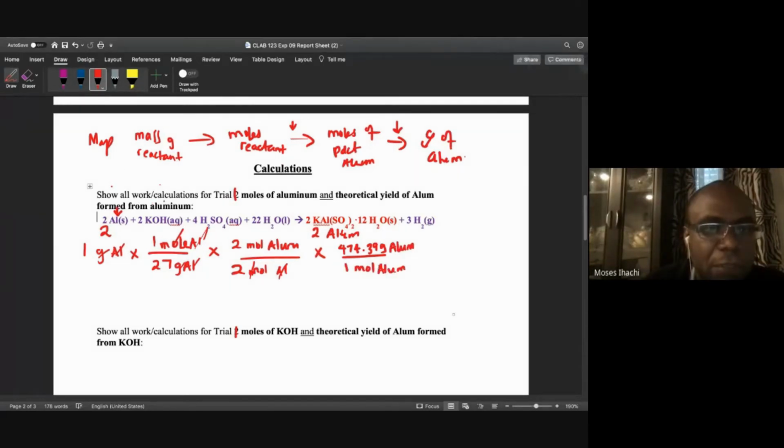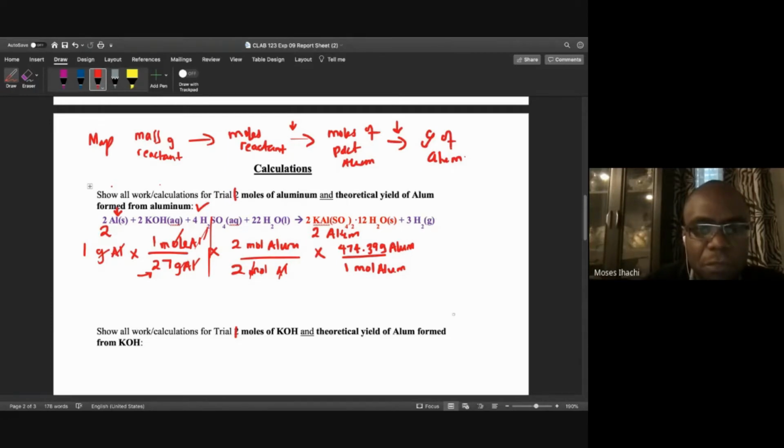We're trying to test and see if aluminum is limiting. So we started by converting the mass of aluminum to moles of aluminum by dividing by its atomic mass, which is 27. Then following our map, we convert the moles of aluminum from this step to moles of alum. So we use our reacting ratios: 2 moles of aluminum always gives you 2 moles of alum.